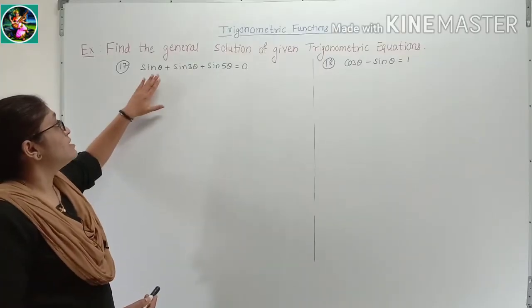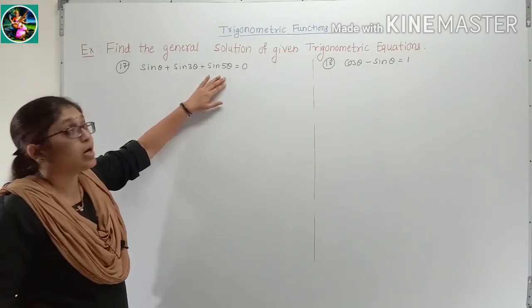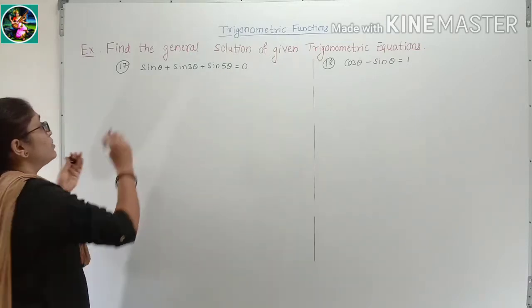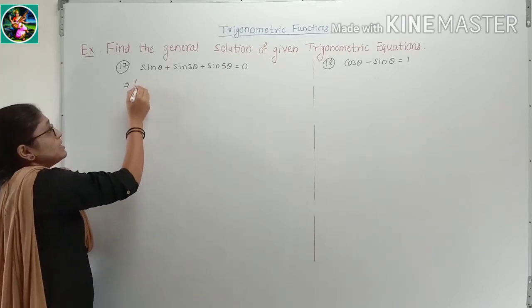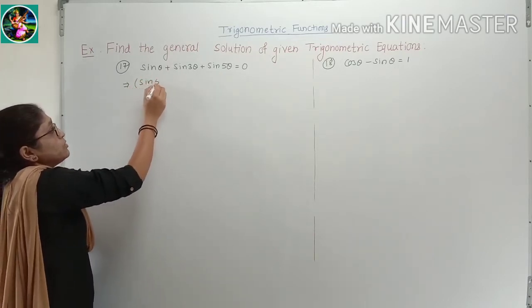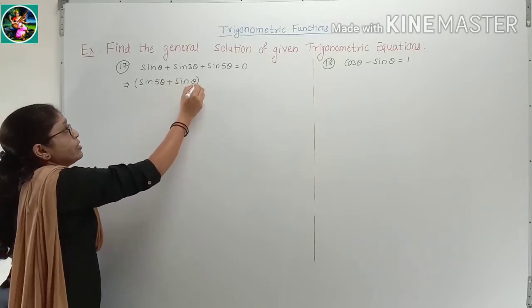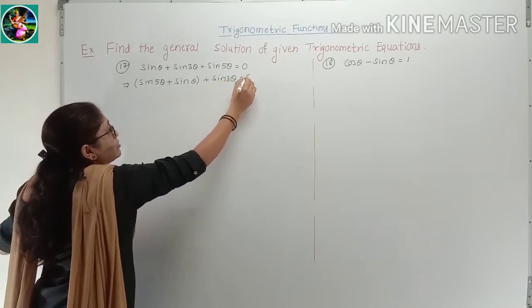Next example is sin theta plus sin of 3 theta plus sin of 5 theta is equal to 0. See here, we will combine these two terms in the bracket, that is sin of 5 theta plus sin of theta, plus sin of 3 theta, as it is, equal to 0.